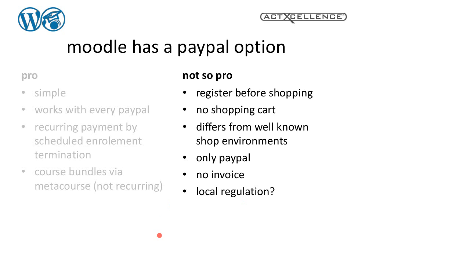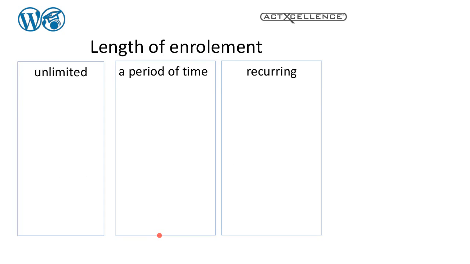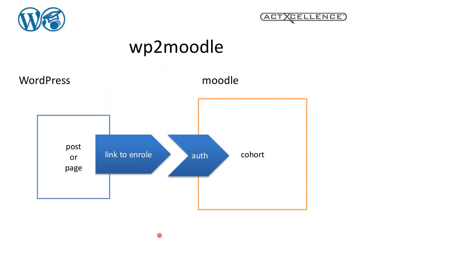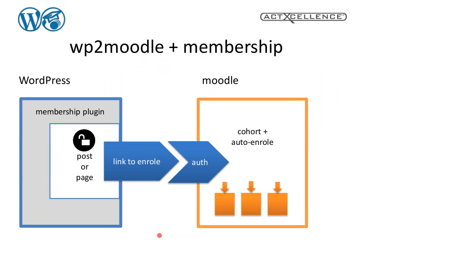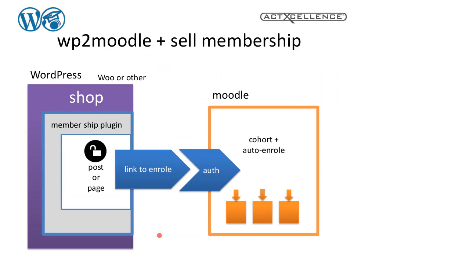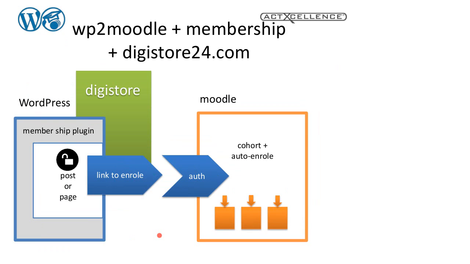Any questions to the technical parts? We have seen some requirements. We have seen the WordPress to Moodle solution. You need the membership to sell something and a shop, or a payment gateway like Digistore. Digistore will also handle affiliate, and also the membership plugins sometimes have affiliate options.